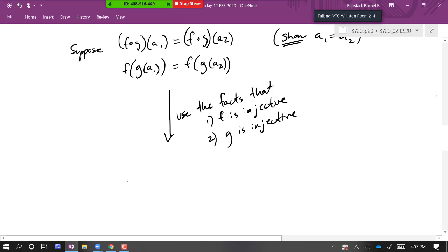And then we should be able to say that a1 is equal to a2. There's stuff to do there, I've left out all the details, but that's the basic approach that you want to take with this one.